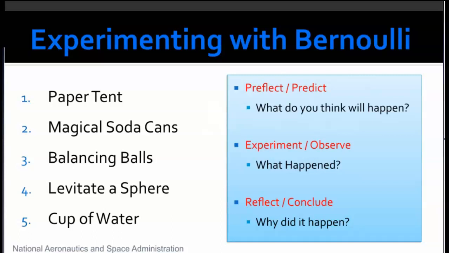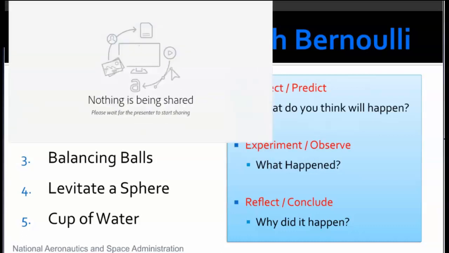So with experimenting with Bernoulli's, there are 5 different activities. There's a paper tent, magic soda cans, balancing balls, levitate a sphere, and cup of water. On all of those, students predict or reflect on what they think will happen. Then they actually do the experiment.